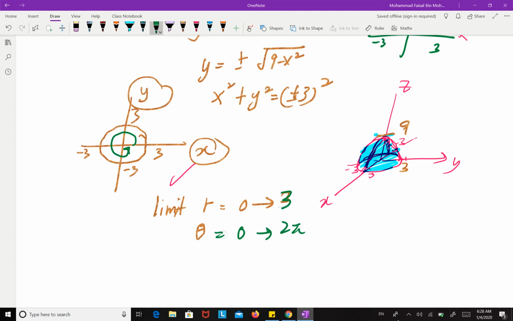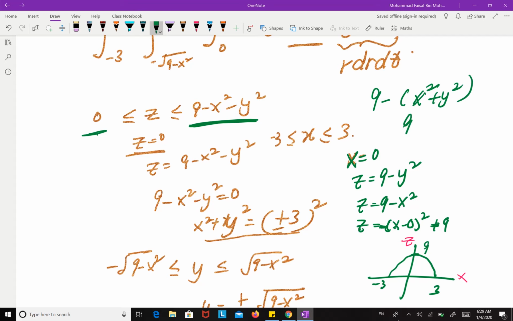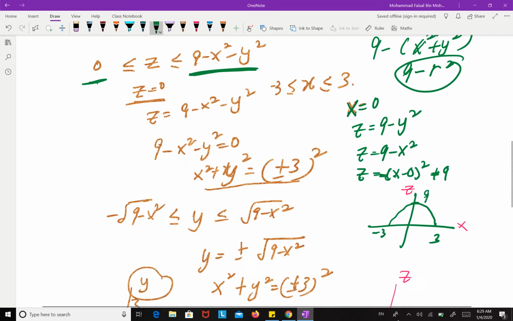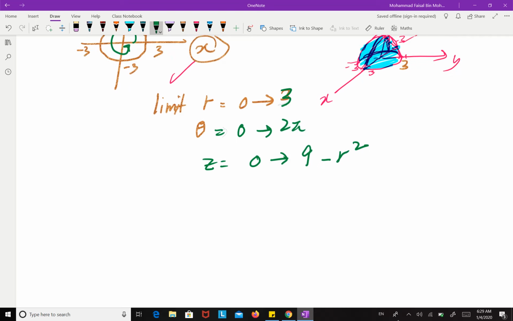Now z starts from 0 until here. We don't want x and y, we want only r and theta. So 9 minus x squared minus y squared can be written as 9 minus x squared plus y squared in brackets, which is 9 minus r squared. So z is from 0 to 9 minus r squared.